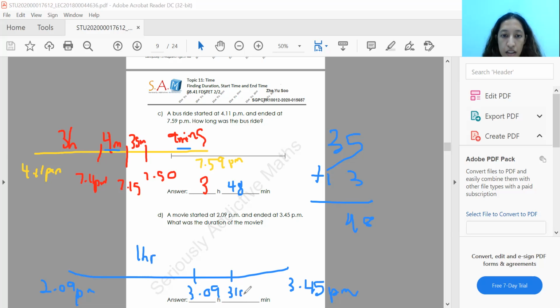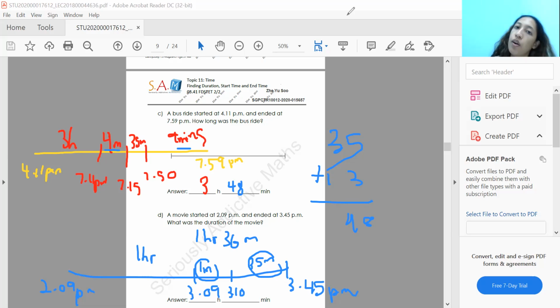How many minutes? 1 minute. 3:10 to 3:45. 10, 15, 20, 25, 30, 35, 40, 45. So we have 35 minutes over here. So we have 1 hour, and if you add 1 minute and 35 minutes, it would be 1 hour and 36 minutes. I hope all of you got that correct.